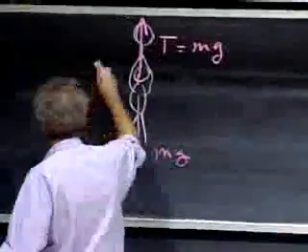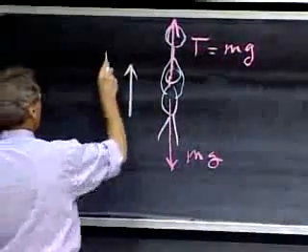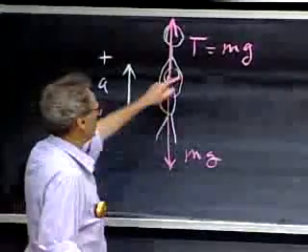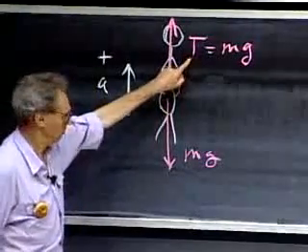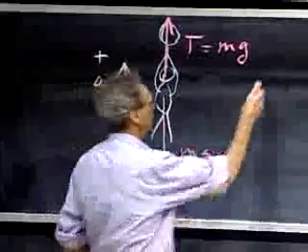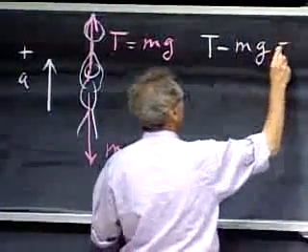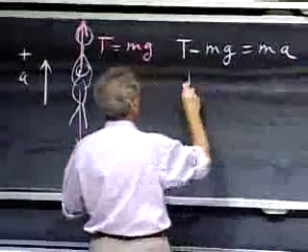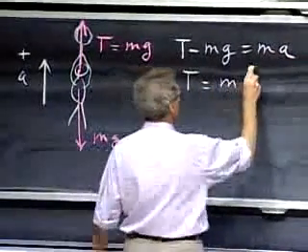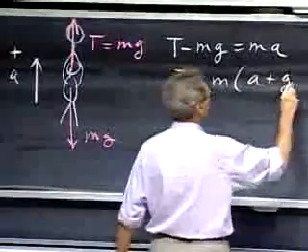Now let's accelerate this system upwards with an acceleration a, and I call this plus. Then, of course, this T must grow, otherwise you cannot be accelerated. Newton's second law: T minus mg must be ma. The tension in the string equals m times (a plus g).